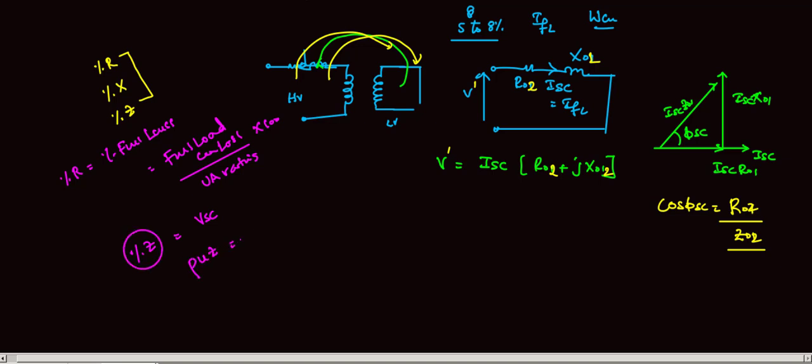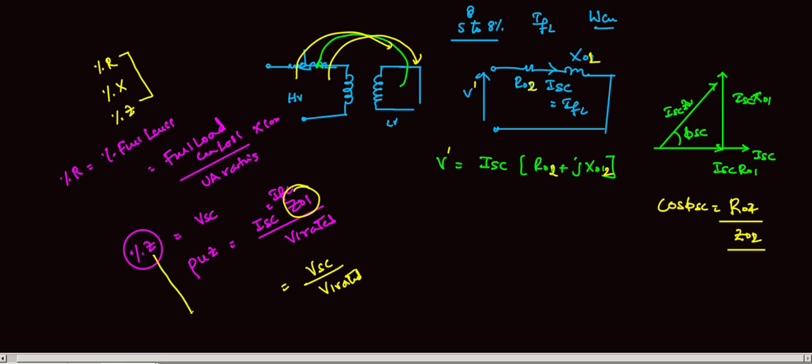Per unit impedance here is ISC into ZO1 by V1 rated. So here ISC equals the full load current, rated voltage is there, and ZO1 is there. So ISC equals full load current, so you can write this as VSC by V1 rated.